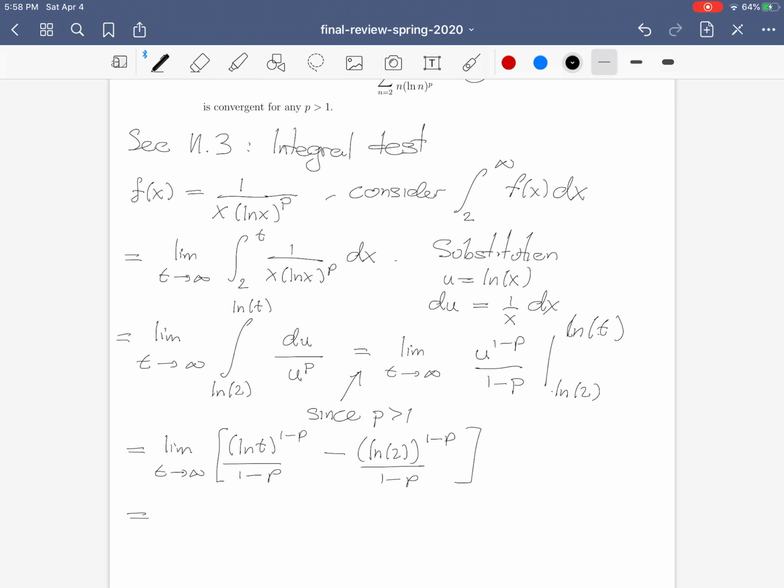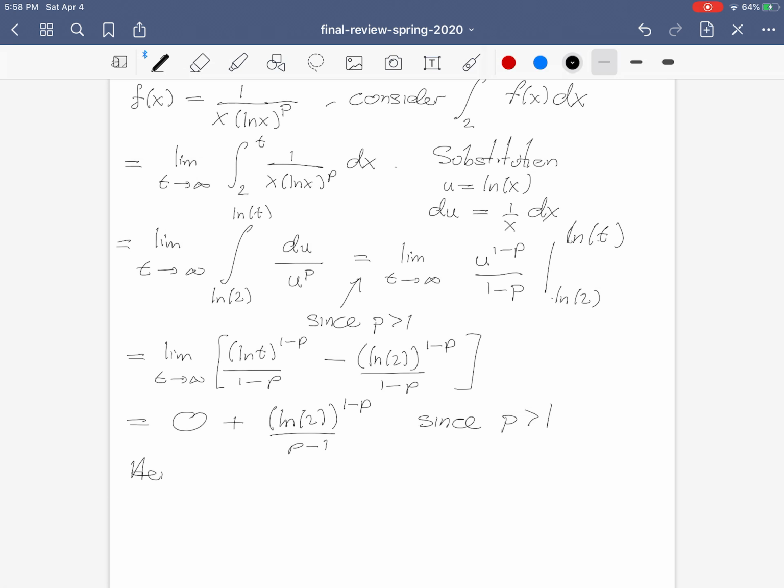So as t tends to infinity, ln t tends to infinity, but we're raising it to the power 1 minus p. That's a negative power, okay, since p is greater than 1. So this gives us 0 minus, or let's write it as plus, (ln 2) to the 1 minus p times by p minus 1. Okay, and so again, we're using the fact that p is greater than 1.